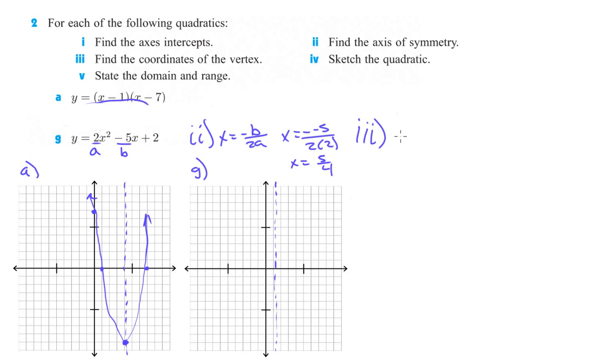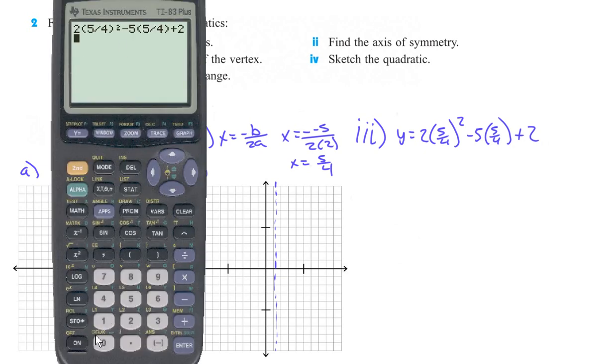So we are going to do y equals 2 times 5/4 squared minus 5 times 5/4 plus 2. Okay. That one is not a very nice one, so let's use our calculator for that.